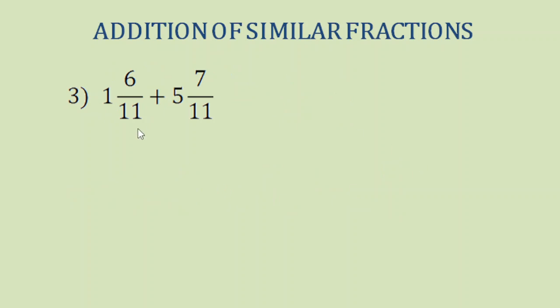Okay, example number 3. So we have here the common denominator 11, and then the whole number part for the first fraction is 1, and for the second fraction is 5. You can add them. 1 plus 5 is 6, and then common denominator 11.